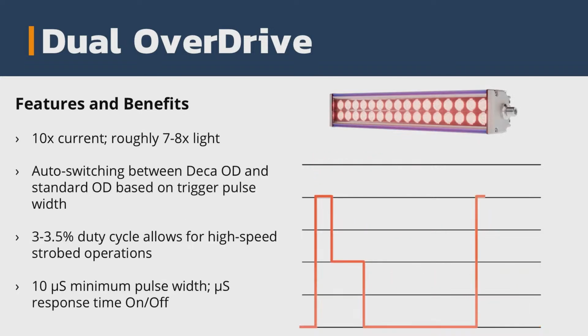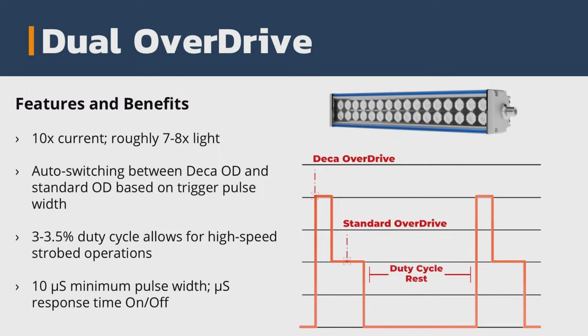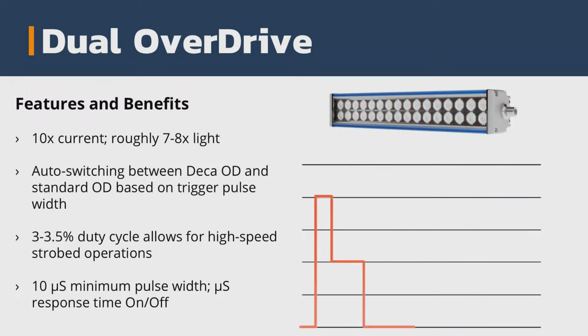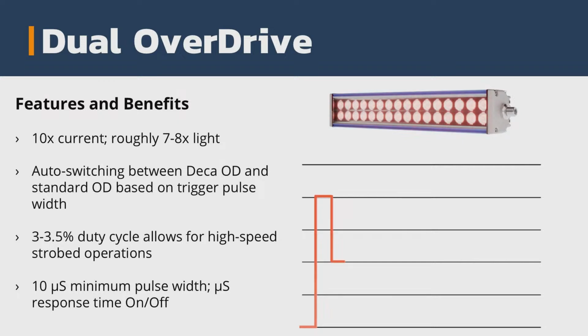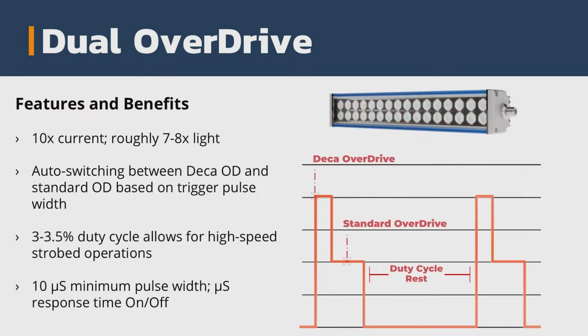This type of technology was developed during COVID, aimed specifically at our logistics customers and automated warehousing that's out there. But it's useful technology for any kind of motion capture where you just don't have enough light, and for all the benefits we talked about with overdrive: you need more light to see through films or polarizers, you need to reduce your exposure time, you need to reduce gain, whatever it is, dual overdrive can do it for you.